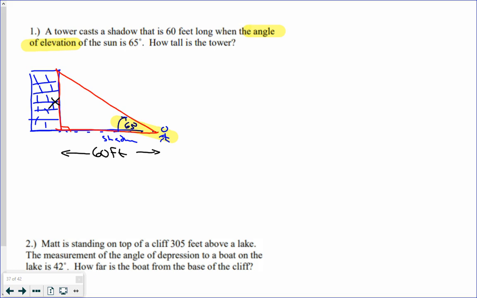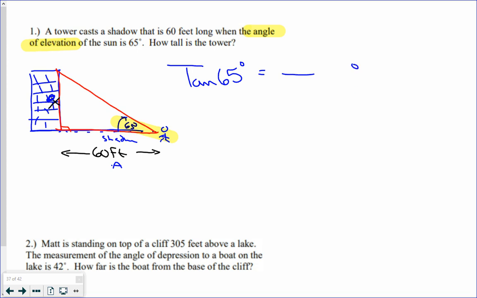The 60 is right beside you, so that is adjacent. The X is all the way on the other side, so that is opposite. So which of your three? Is it SOH, CAH, or TOA? TOA, right? We've got the O and the A. So it's tan 65.